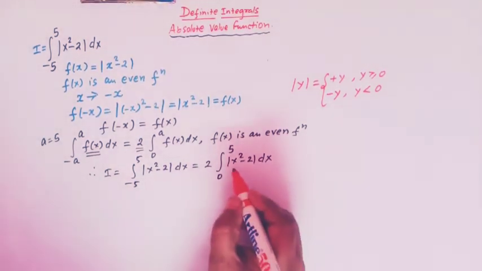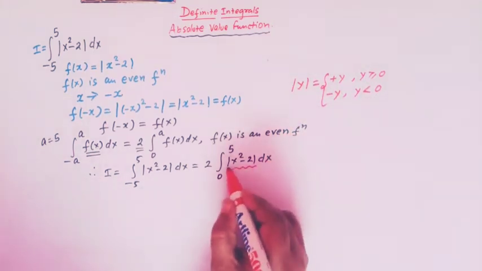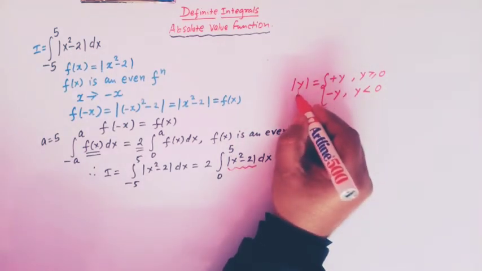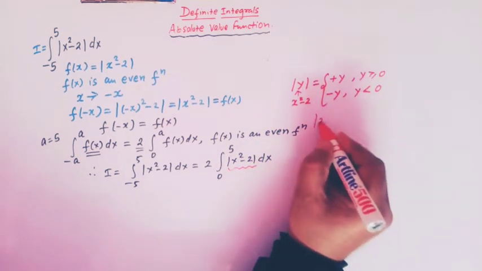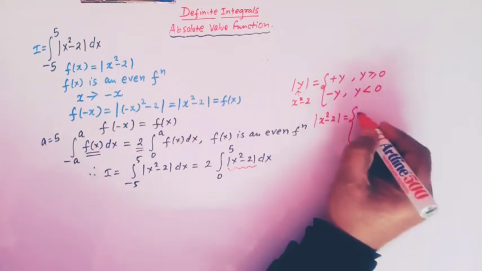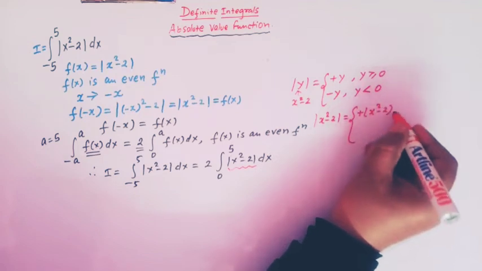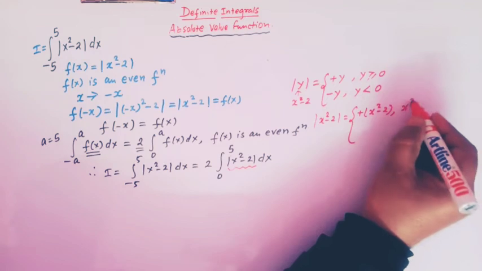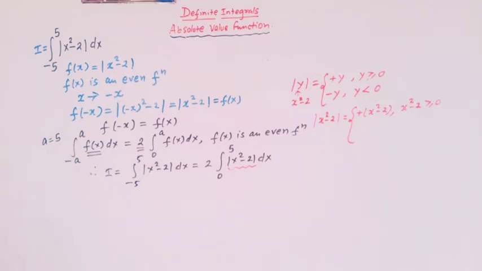Now let us apply this definition to the function mod of x square minus 2. Let us replace y by x square minus 2. So mod of x square minus 2 is equal to plus x square minus 2 whenever y is greater than or equal to 0, which implies that x square minus 2 should be greater than or equal to 0.